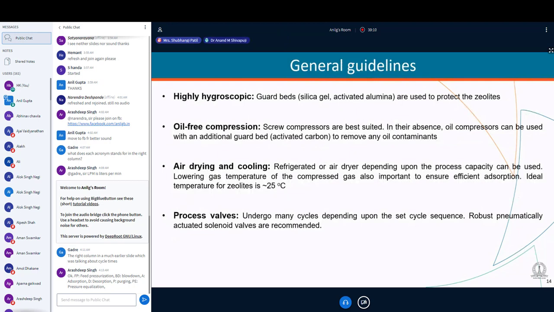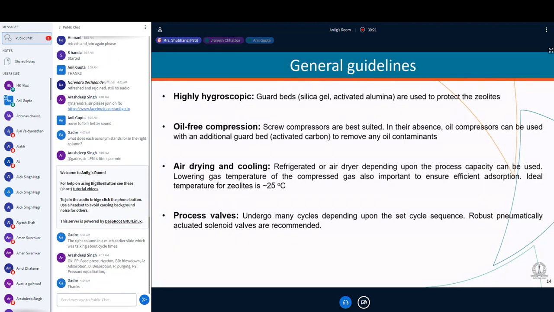Yes, sir. Now, those are some of the design parameters that I discussed earlier, and one general guideline I would like to present here is that these bed materials have extremely high affinity to water or moisture. So we need to take extreme precaution that no moisture from the compressed air is allowed to reach these bed materials.